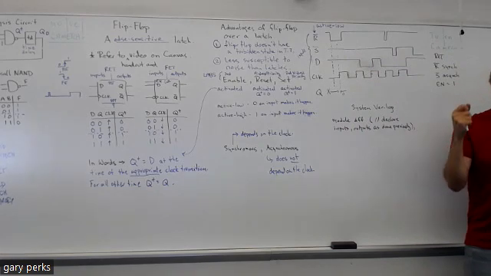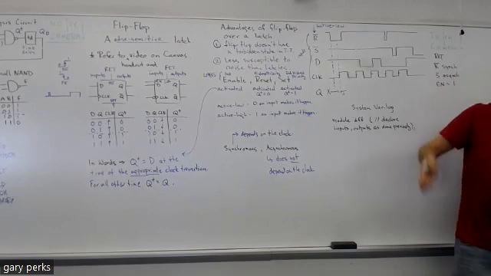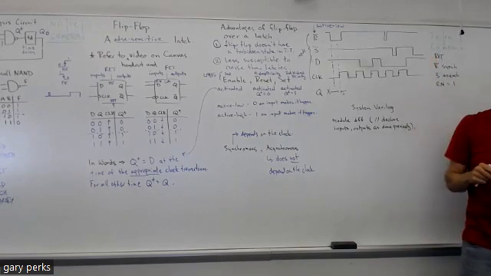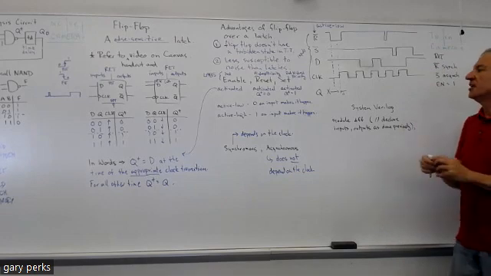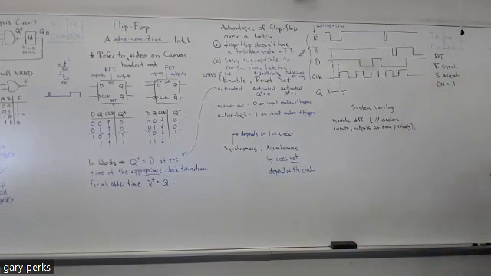Synchronous, it's not enough for that input to be its active value. It has to be that active value during the time of an appropriate transition of the clock. In this case, rising edge. If you understand that, you understand synchronous and asynchronous. Okay? All right, you're going to get a lot of practice with these activities coming up.